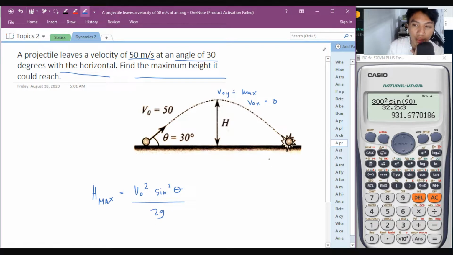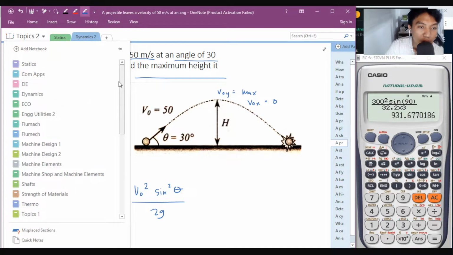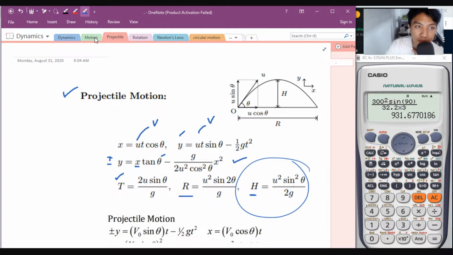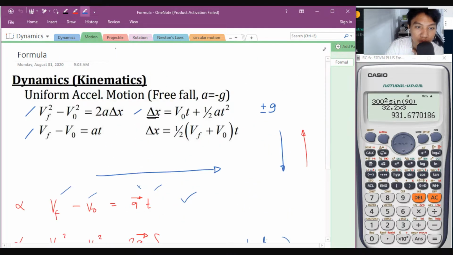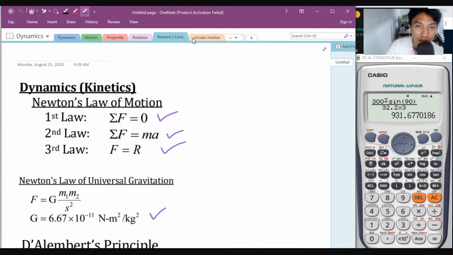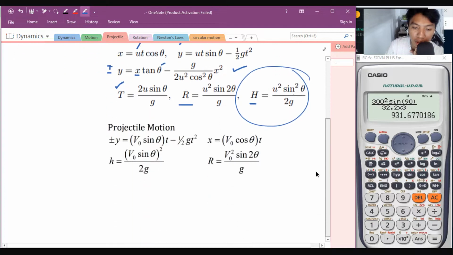Where did it come from? Look at your free falling body. For a free falling body, at the maximum height, the final velocity will always be 0.